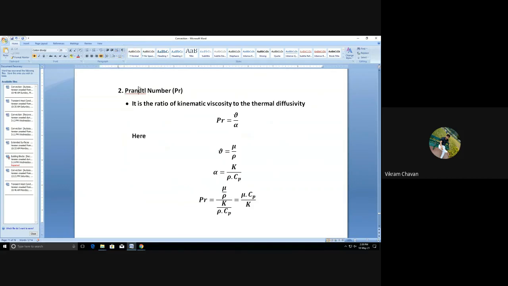Second dimensionless number is the Prandtl number. Symbolically, it is represented as capital P small r. Write down Prandtl number, capital P small r.